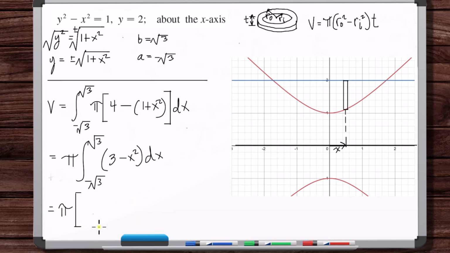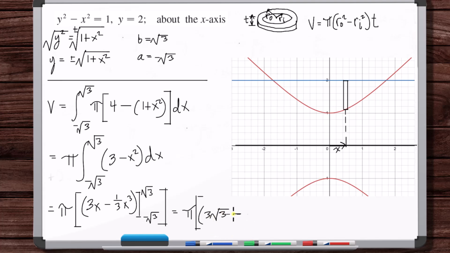So what we have is 3x minus 1/3 x cubed evaluated from minus root 3 to root 3. So pi, and then we've got 3 root 3 minus, so root 3 cubed is what?